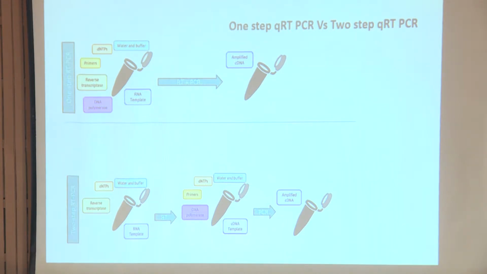As and when needed, you just take the cDNA out and set up the PCR separately. You can see the reverse transcriptase is separate here, along with all the other ingredients needed for reverse transcription. The end product of this is cDNA, and those cDNAs are used here along with the DNA polymerase, and the PCR is performed. Is it clear? One-step RT-PCR and two-step RT-PCR. The one we are going to demonstrate tomorrow is single-step RT-PCR.